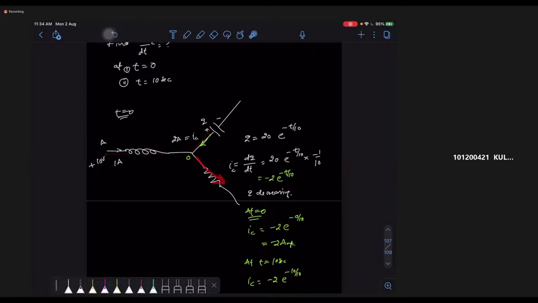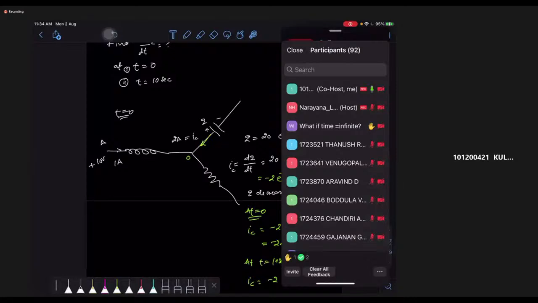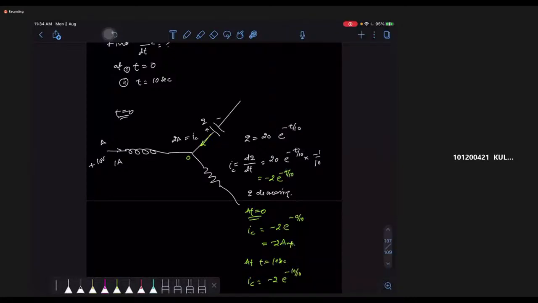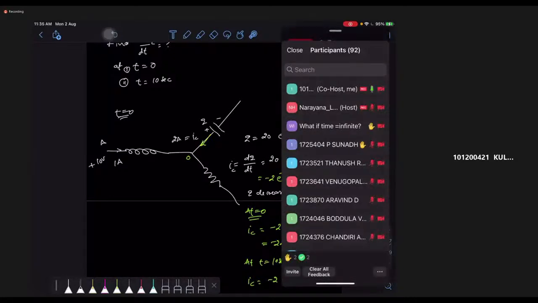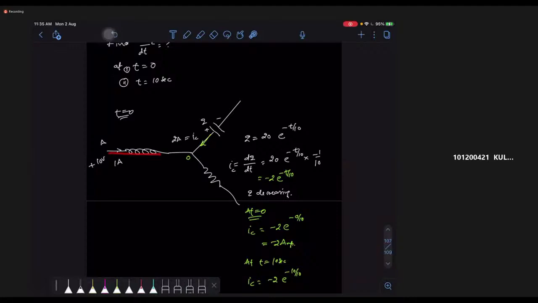So how much is passing through the resistance? Kirchhoff law. You can find it at any time. This is 1 ampere, this is 2 amperes at time equal to 0. So this will be 3 amperes. 3 amperes, and this is my resistance of 2 ohm.